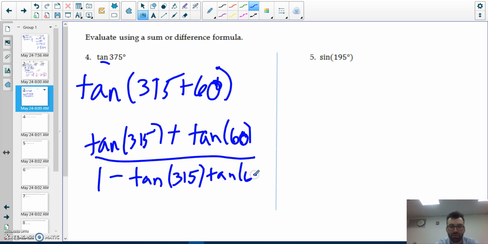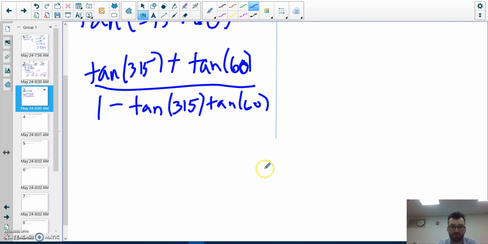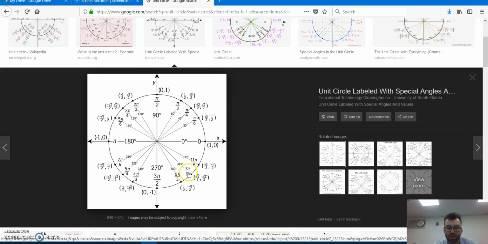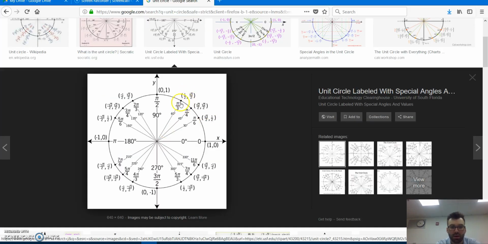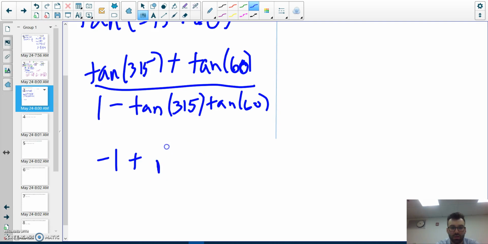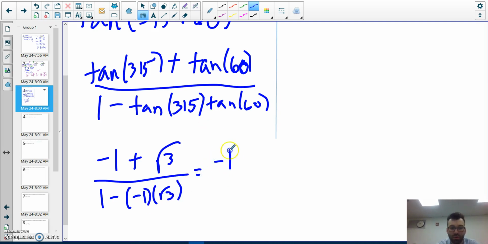Tangent of 315, if you look at your unit circle, is going to be negative 1. Plus tangent of 60 is going to be root 3. Over 1 minus negative 1 times root 3. Which will give me negative 1 plus root 3 over 1 plus root 3.